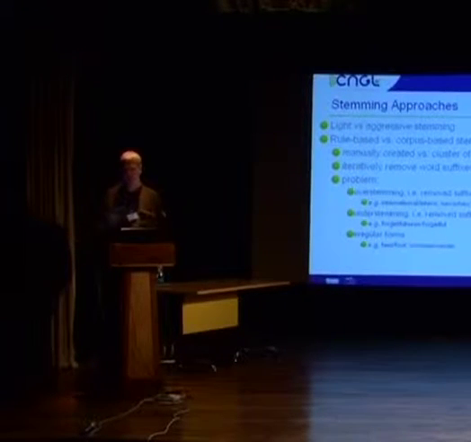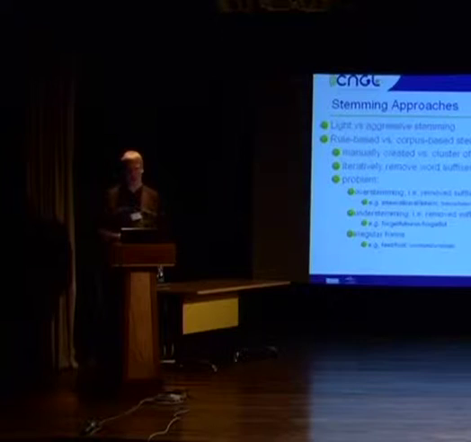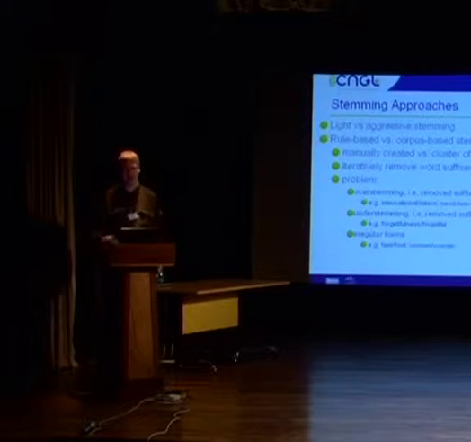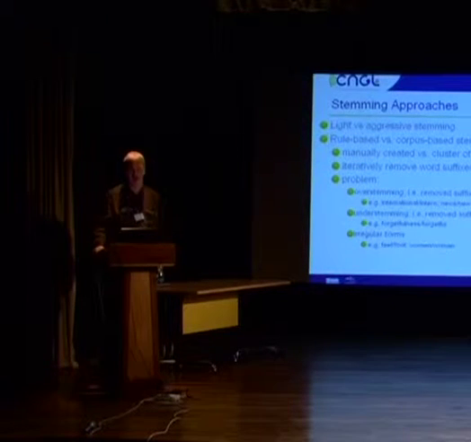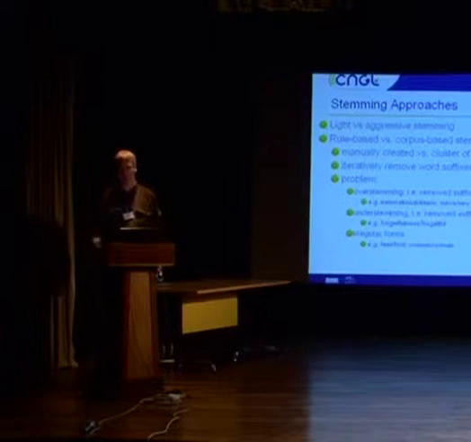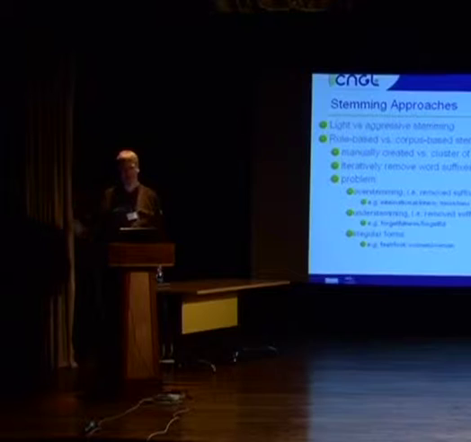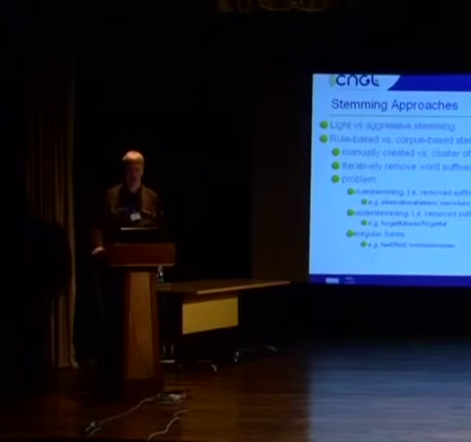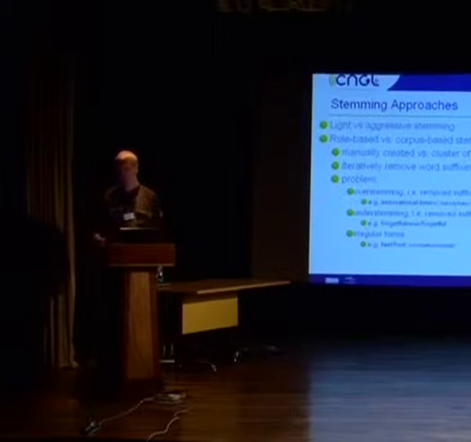Then you have different approaches varying from rule-based stemmers, which are costly to develop. You would have to do the same development for a different language, versus automatic approaches. For example, corpus-based stemming would look at the document collection and try to identify the most frequent suffixes. You would typically end up with a cluster of related words which are all mapped to the same index term.